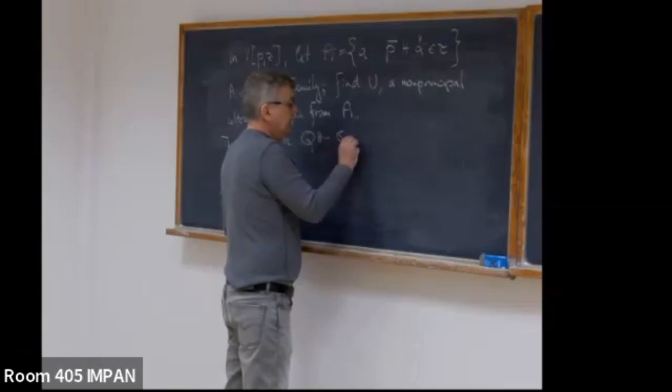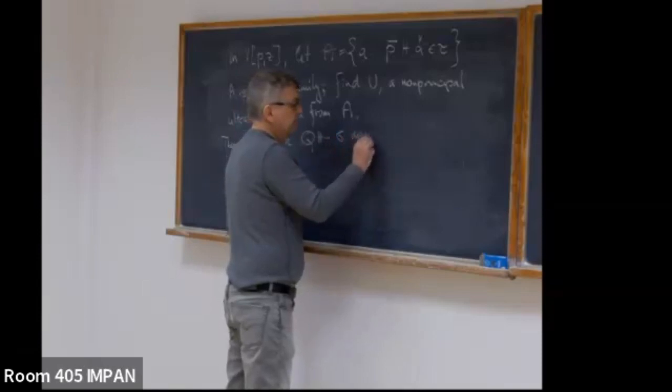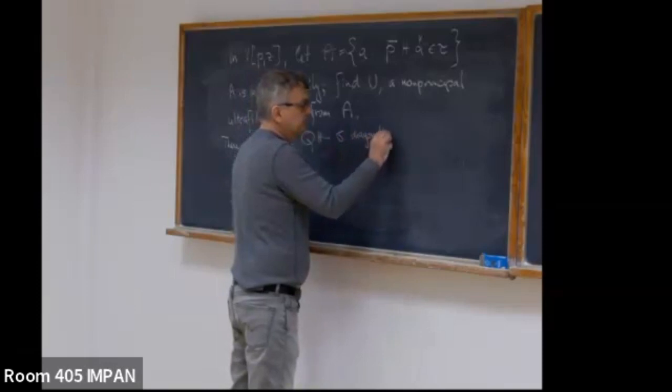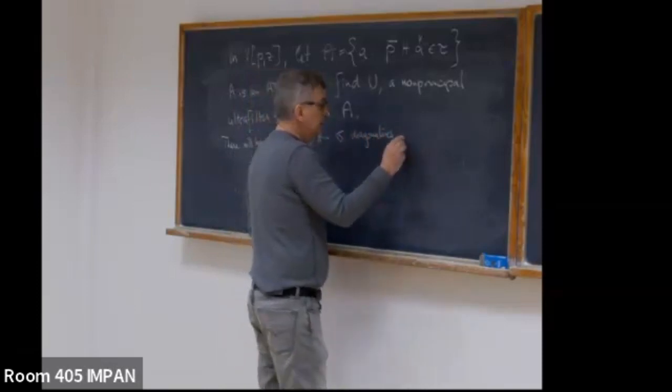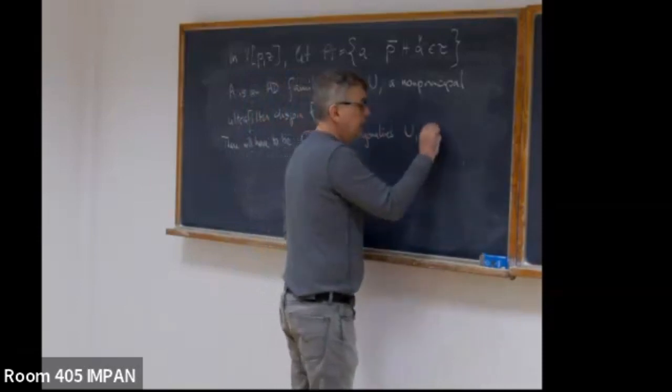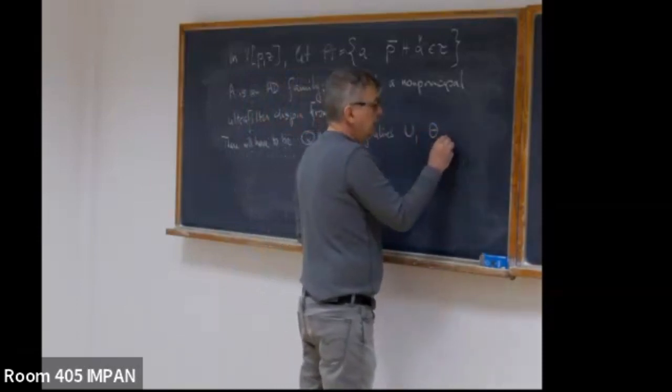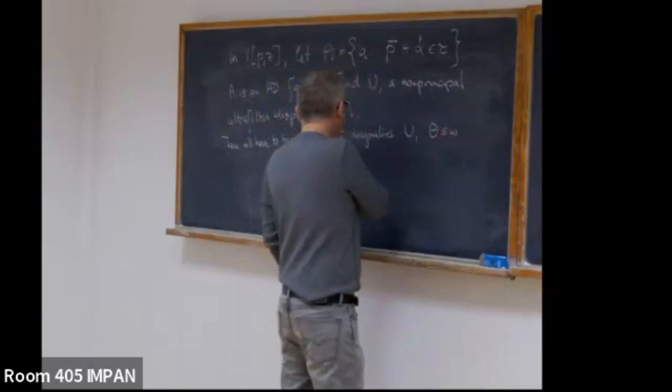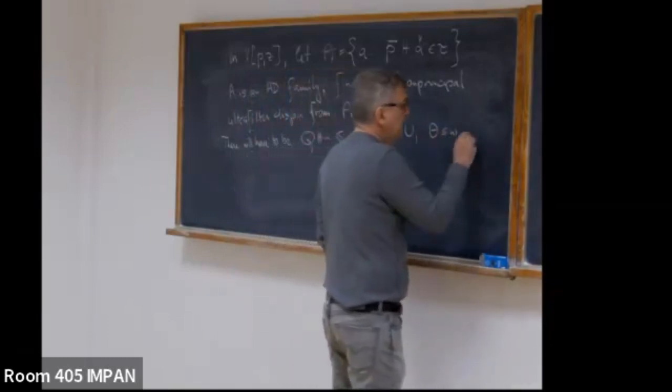sigma diagonalizes U, and theta, the subset of omega, has infinite intersection with sigma.